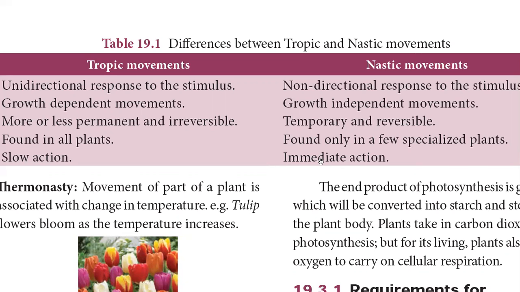We can see the immediate action. So in today's class we have learned about the types of tropism: phototropism, geotropism, hydrotropism, thigmotropism, and chemotropism, and nastic movements: photonasty, thigmonasty, and thermonasty. These are the differences between tropic and nastic movements we have studied. The remaining part we will study in the next class. Thank you everyone. Thank you for watching.